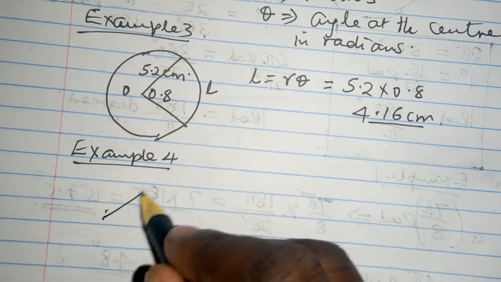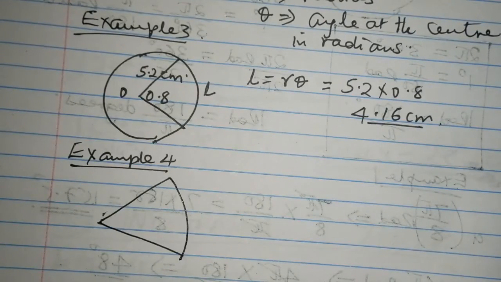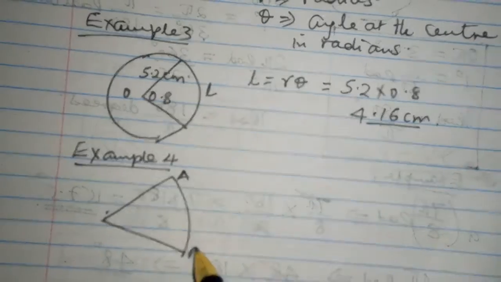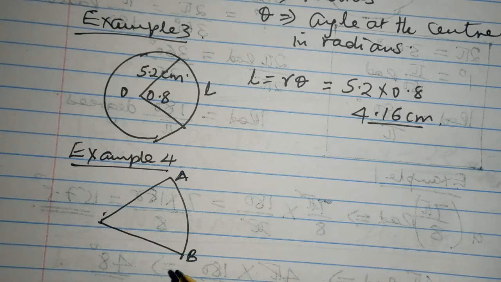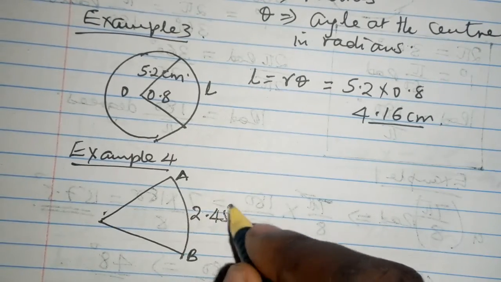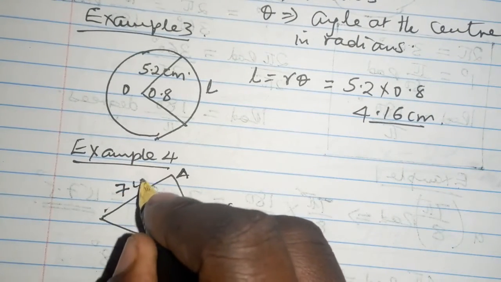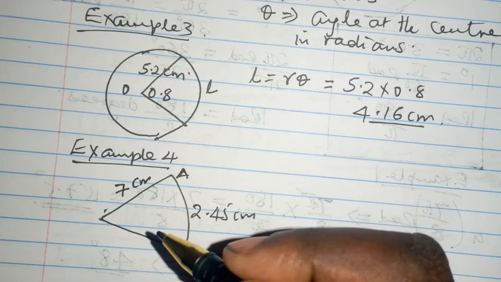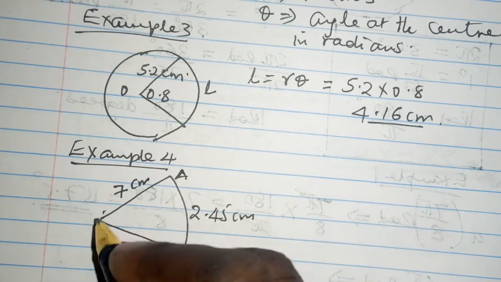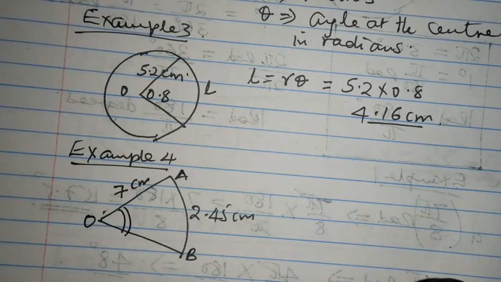So let's just have that sector of a circle; this is A, this is B, and the center is O. Find the angle AOB subtended by the arc at the center of the circle.